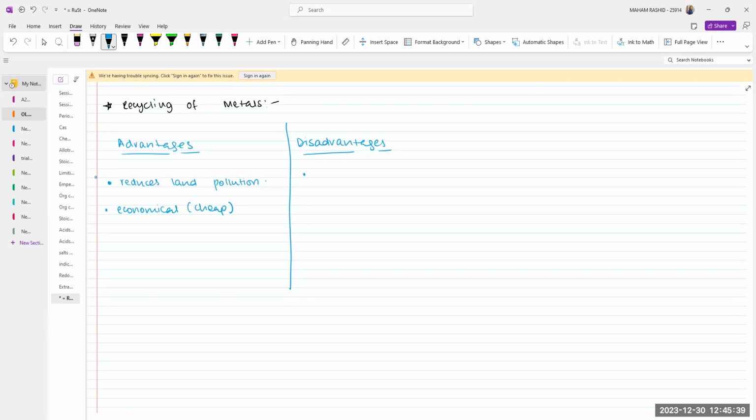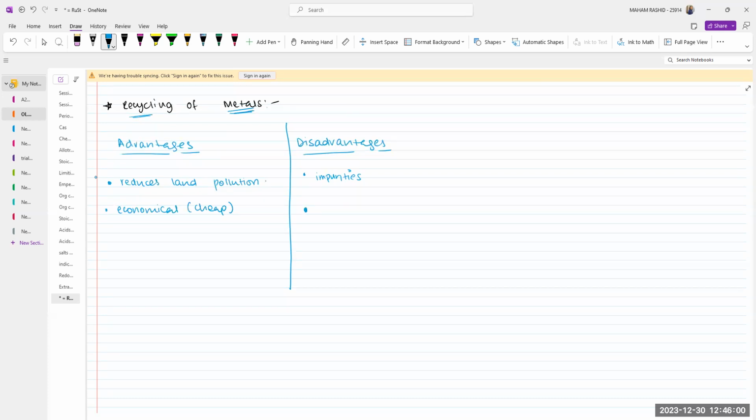Disadvantages: the first one is that when you recycle metals and you use that same recycled stuff in making other stuff, the impurities still exist in that metal, right? So these impurities are not good, which is why it comes in disadvantages.